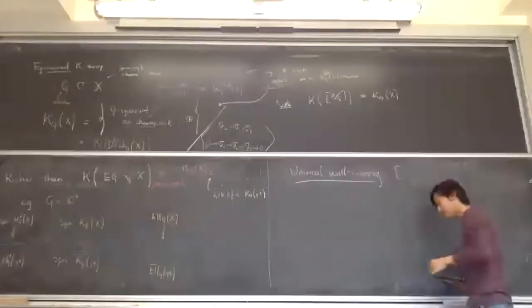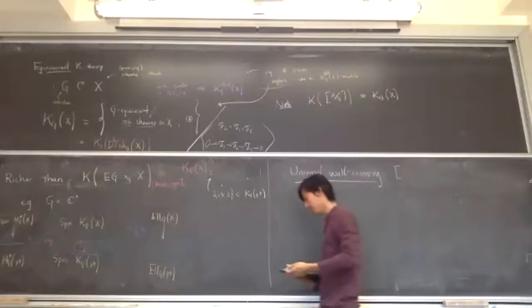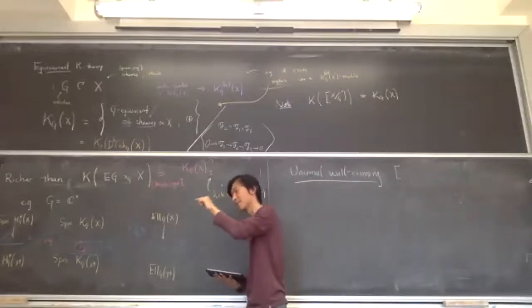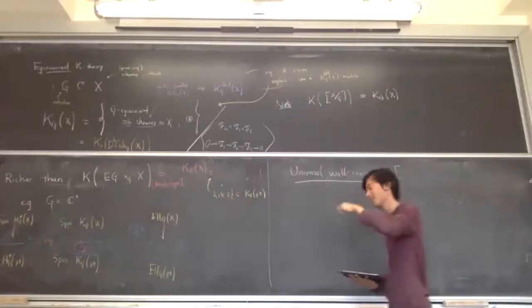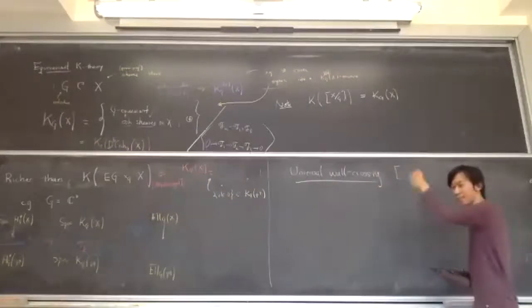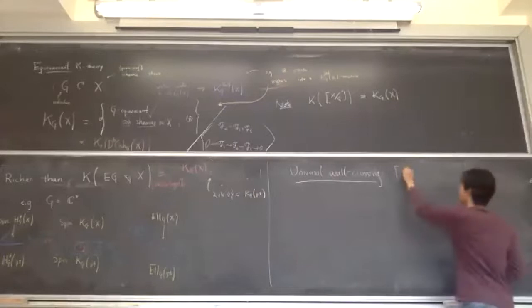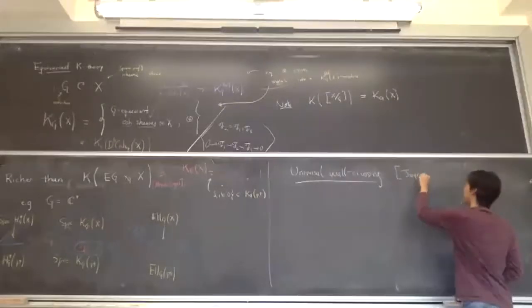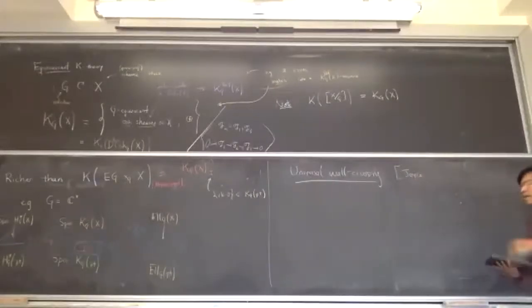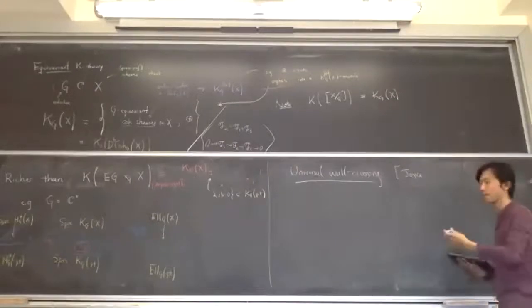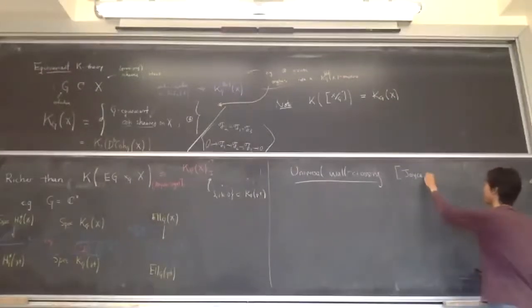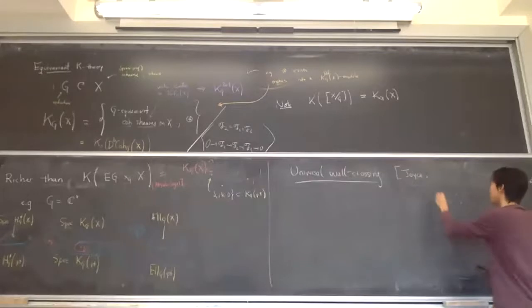At some point last year, if you click on Dominic Joyce's name on the arXiv and see what he's been posting, there's a gigantic 300-page preprint with the words universal wall crossing in its title. What I'm about to explain will be some enhancement of that, which will hopefully be less than 300 pages. So this is some stuff by Joyce.